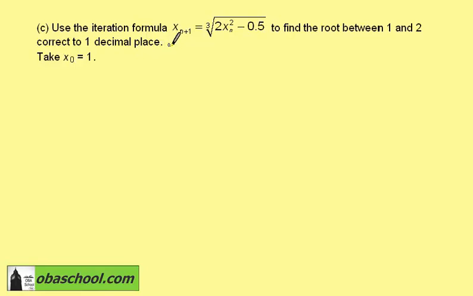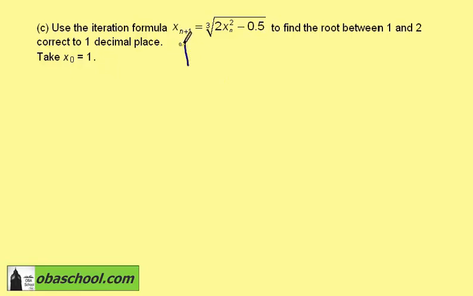We now want to use the iteration formula xn plus 1 is equal to the cube root of 2xn squared, take away 0.5, to find the root between 1 and 2, correct to 1 decimal place. We're going to take x0, our first x, as 1.